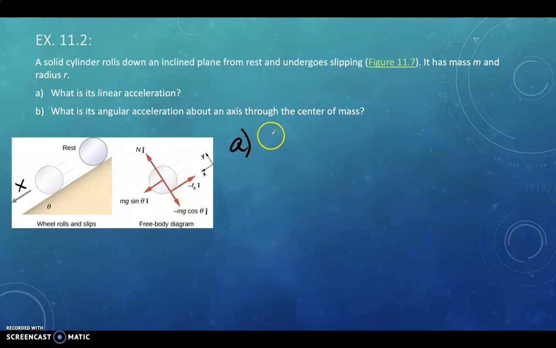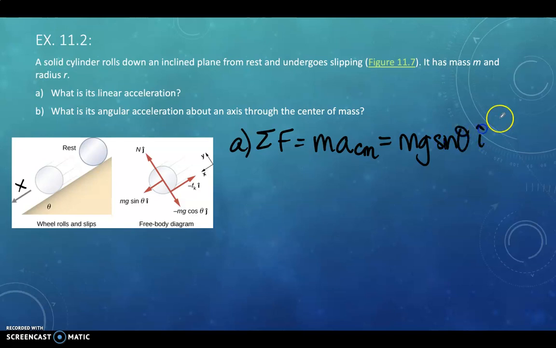So we have the sum of forces equal to mass times acceleration of the center of mass, and that'll equal mg sine theta in the i hat direction, minus f sub k i hat.